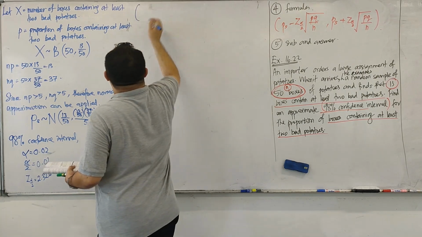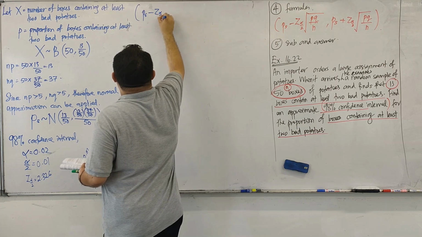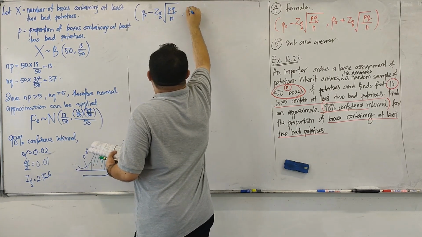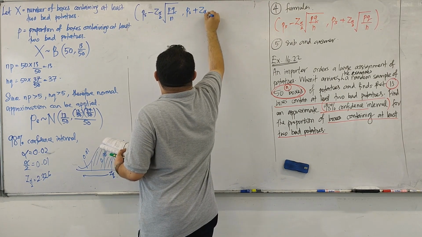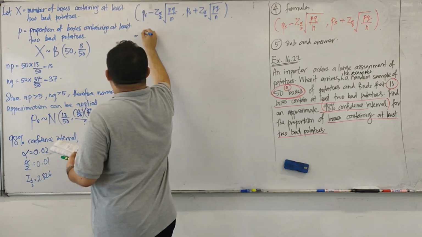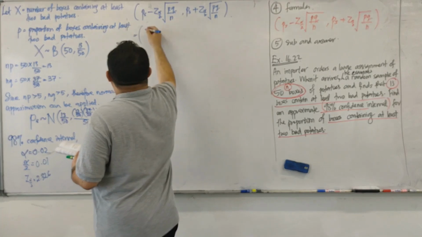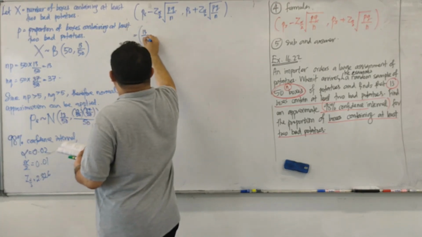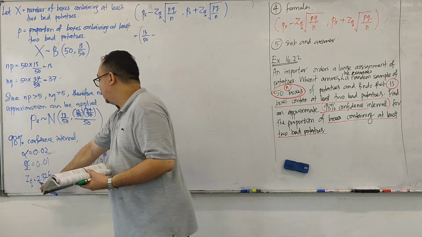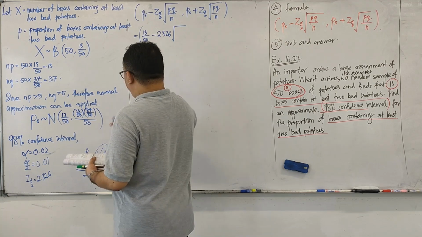Step 4, I must write my formula. PS minus Z alpha over 2 square root PQ over N, PS plus Z alpha over 2 square root PQ over N. Okay, this one you sub. What is your PS? Sample proportion, the P. So, I will get 13 out of 50 minus 2.326 square root.